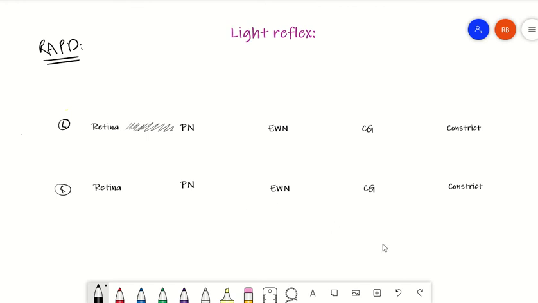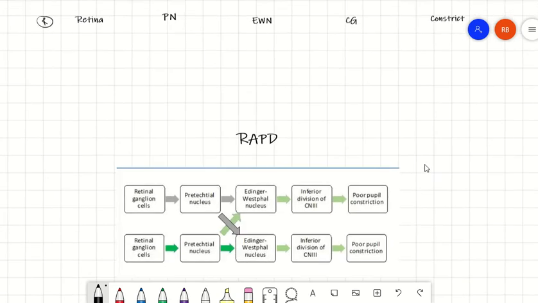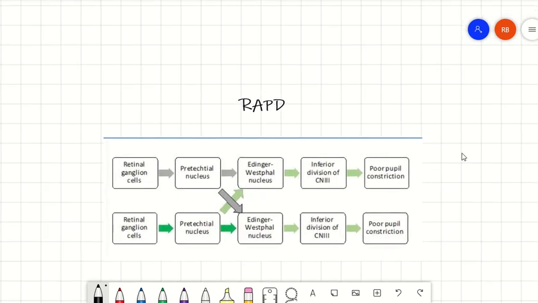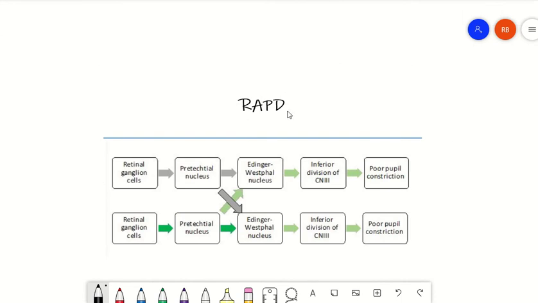So how would that look? I've got an image here, a simple flowchart, very similar to the one we just looked at. It's the same diagram, so retinal ganglion cells, pretectal nucleus, to Edinger-Westphal nucleus, and then to the ciliary ganglion and then pupil constriction. What's illustrated here is, say this is the left and right eye again. Now the left eye is affected.